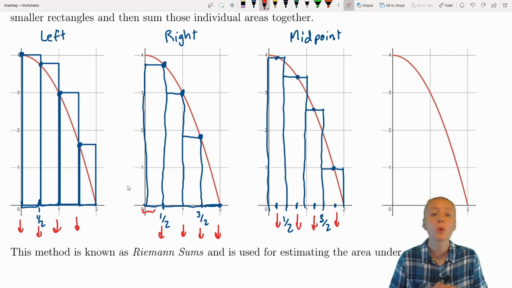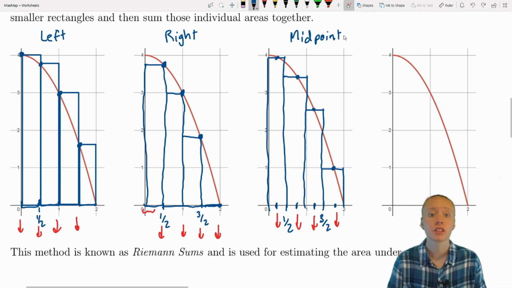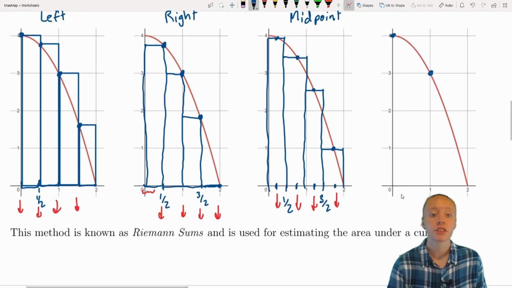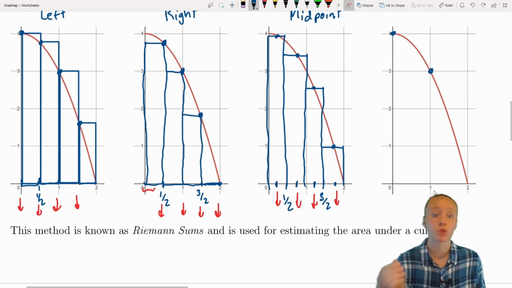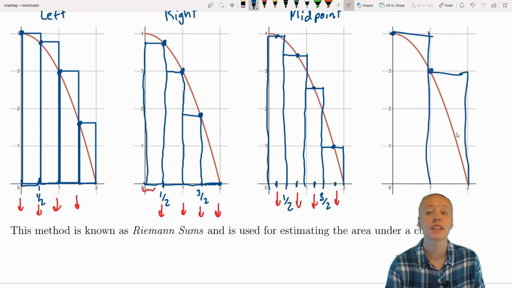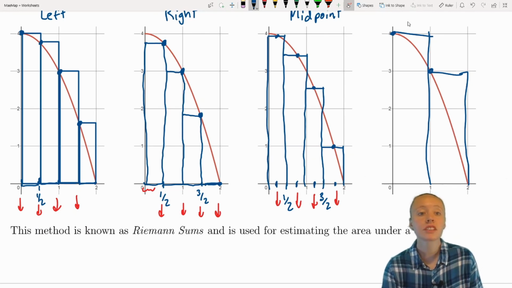Also note that we don't always necessarily have to break it up into 4 subintervals. We could have done only 2 subintervals, and if we're doing this with a left Riemann sum, 2 subintervals would have a width of, since our interval is 2, if I have 2 rectangles in here, each will have a width of 1. And you can see here is that estimated area, with each of those rectangles, which looks less accurate than when I used 4.